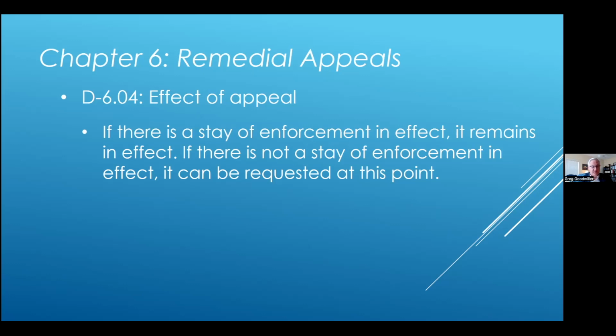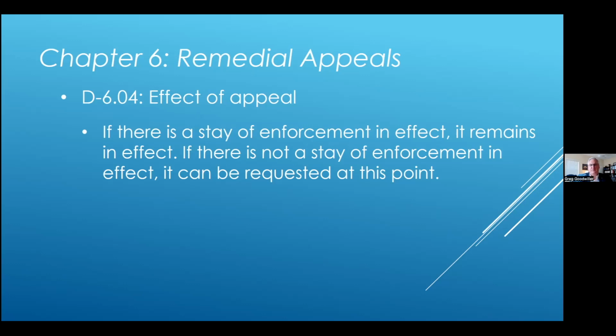So the effect of the appeal is that it doesn't suspend any action of the council taken to implement the ruling being appealed, unless a stay of enforcement was obtained with the original complaint, or one is obtained as described in the next paragraph, in which case the implementation of the ruling being appealed is stayed.